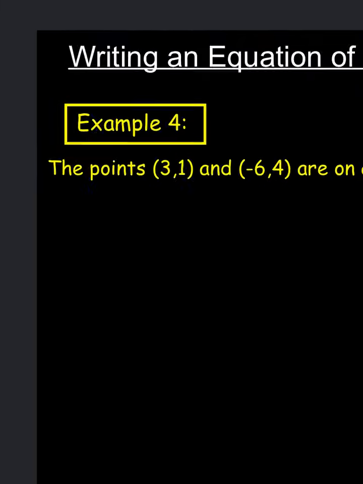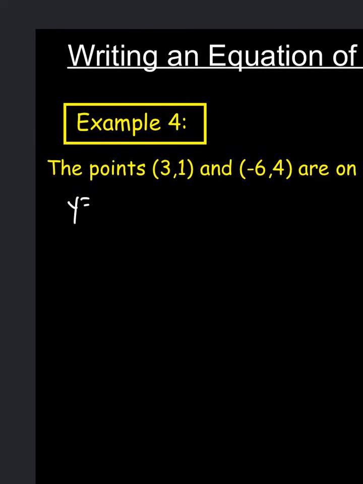So let's start with the equation again. y equals mx plus b, and we do not know anything here yet. We do have a couple of y's and x's, so we could put one of those 2 points in for y and x, but we don't know the y-intercept, and we don't know the slope. But we can figure out the slope. So step 1, let's figure out the slope. And that is y2 minus y1 over x2 minus x1.